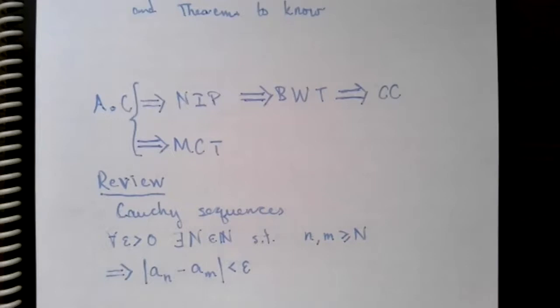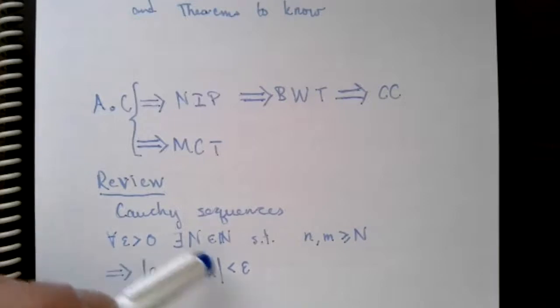Okay, so that's the definition of a Cauchy sequence. I kind of wrote that out in our mathematical shorthand there. For all epsilon greater than 0, there exists N.